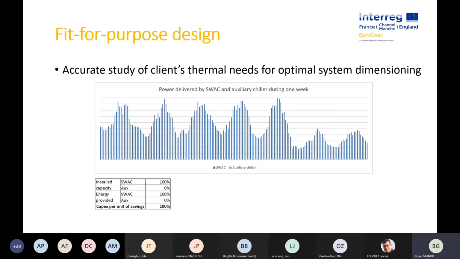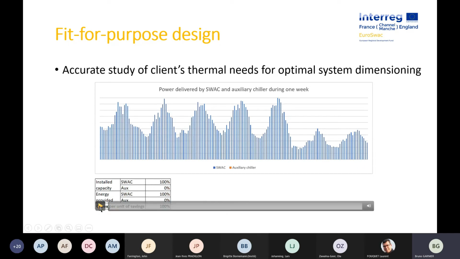In the beginning, we installed SWAC capacity to be able to answer to 100% of the client needs in cold. That means that the SWAC is dimensioned for the hyper peak of cold demand, and therefore the energy provided is 100%.